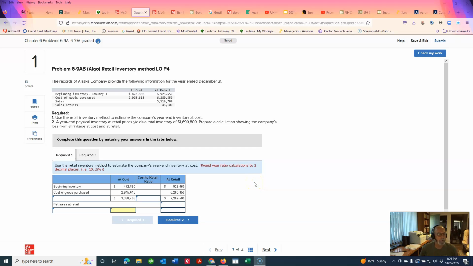Okay, here we go with problem 6-9A, the retail inventory method. This can be a little confusing for the average student, especially after studying all of the information on cost flow assumptions: first in, first out, last in, first out, weighted average, specific identification.